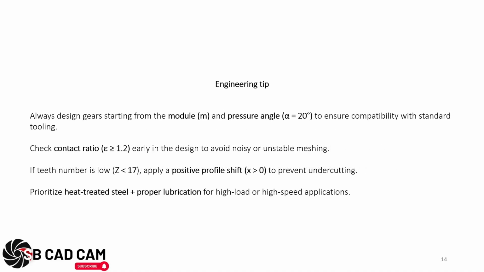And I have an engineering tip for you before we end this video. Always design a gear starting from the module and the pressure angle. It depends, but in general it is 20 degrees to ensure compatibility with standard tooling.